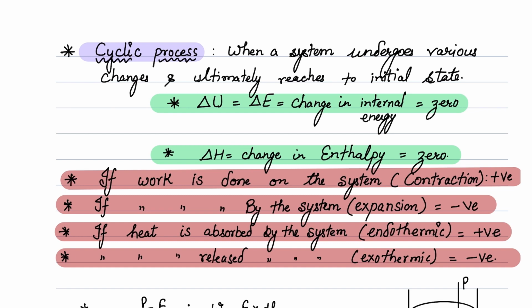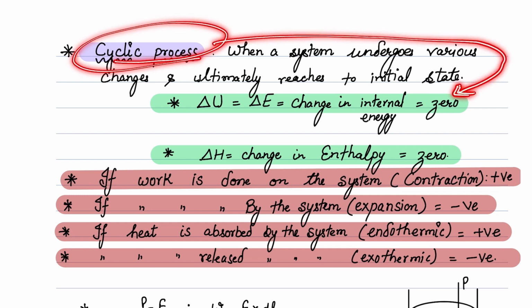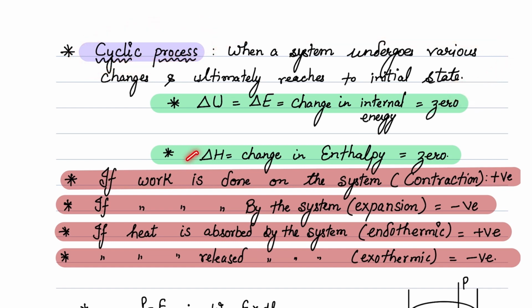So, in that case we say that our delta U, now delta U is nothing but change in internal energy, in some books it is also written as delta E. So, delta U in the case of cyclic process becomes equal to 0. So, this is a very important point to remember, that in case of a cyclic process, our delta U value is equal to 0 and delta H, that is the change in enthalpy, is also equal to 0.